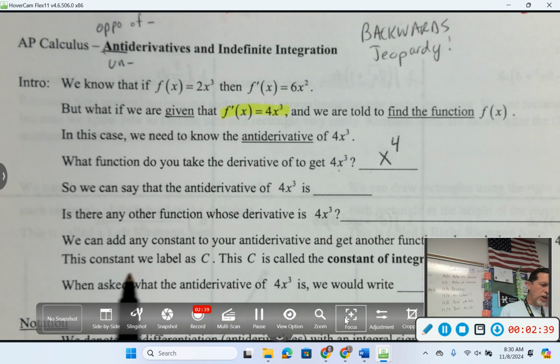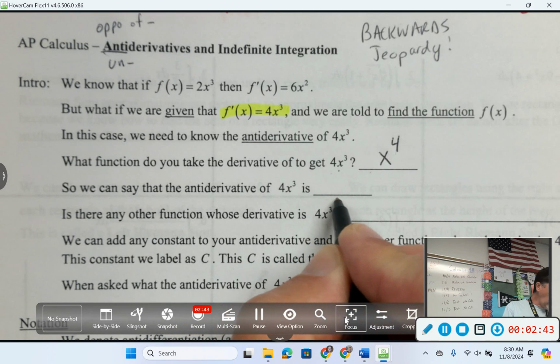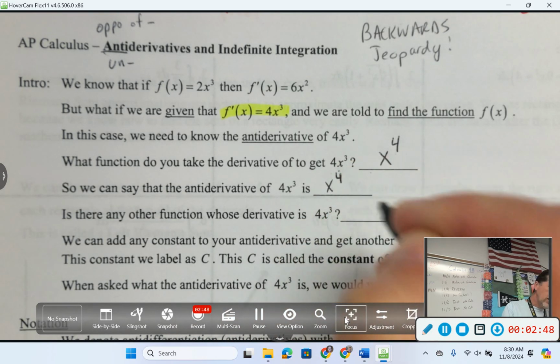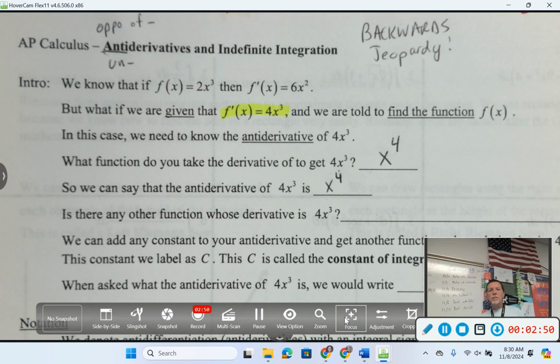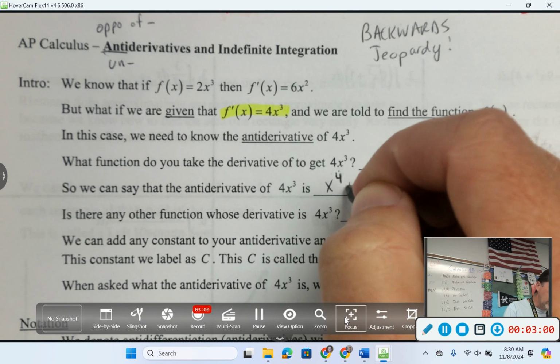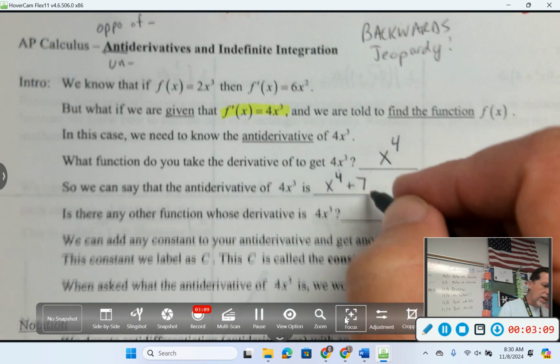Now what's a little bit tricky with antiderivatives is that there are other options. It has to be x to the fourth to get 4x cubed, but what kind of things have a derivative of 0? If this was x to the fourth plus 7, that derivative would still be 4x cubed, because the derivative of 7 would go away.